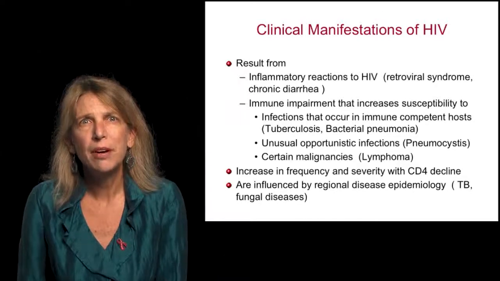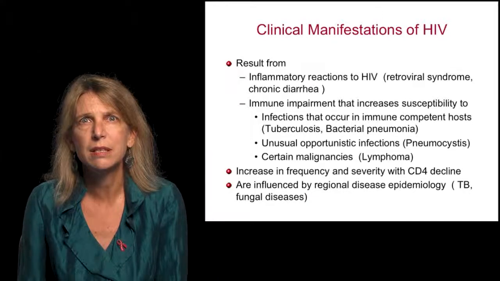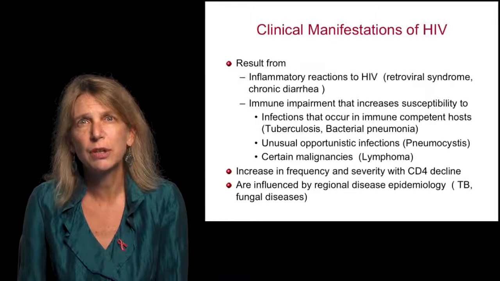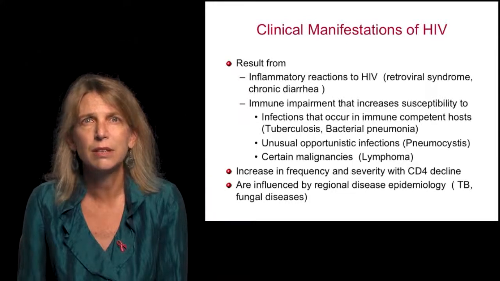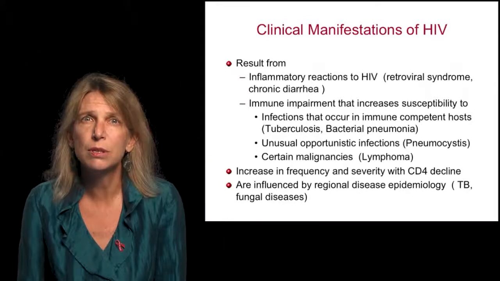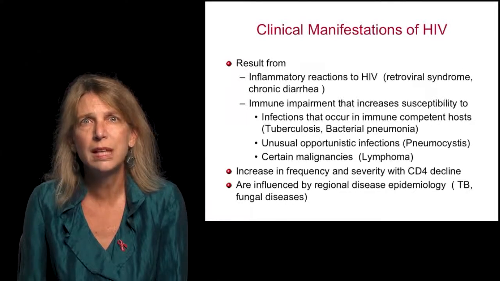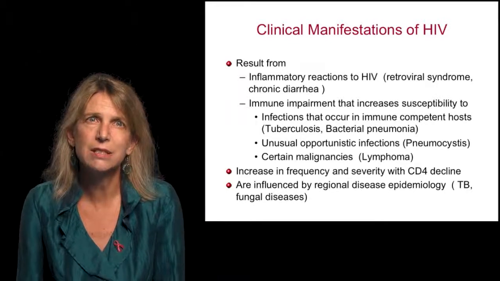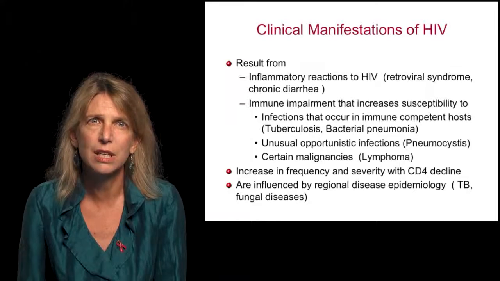The most apparent and dramatic manifestations of HIV are due to immune impairment that increase susceptibility to infections that occur in immune-competent hosts, such as tuberculosis and bacterial pneumonia, to unusual opportunistic infections, such as pneumocystis, and to certain malignancies, such as lymphoma. The clinical manifestations of HIV increase in frequency and severity with CD4 decline.